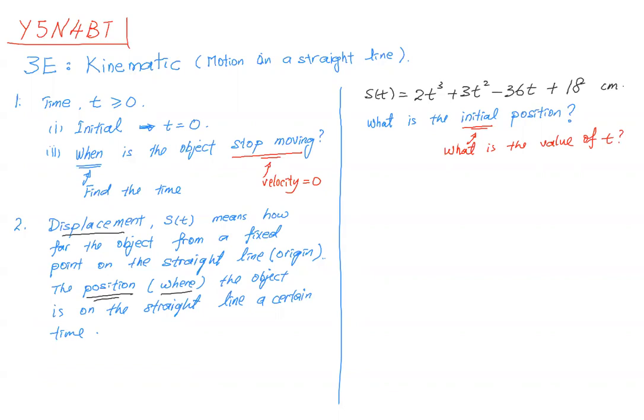So position is S. What I do from here is I substitute t as 0. For this one, I don't have to substitute manually. I can use my GC.